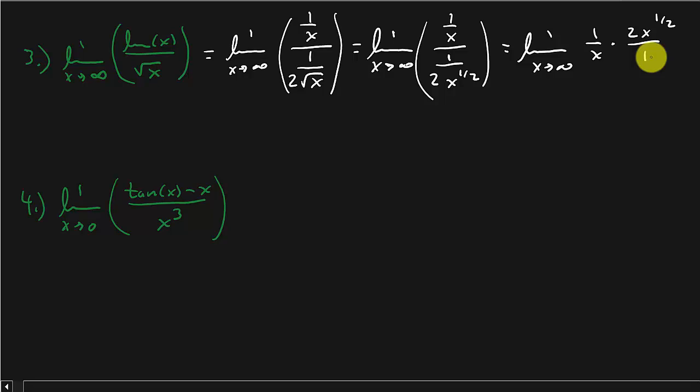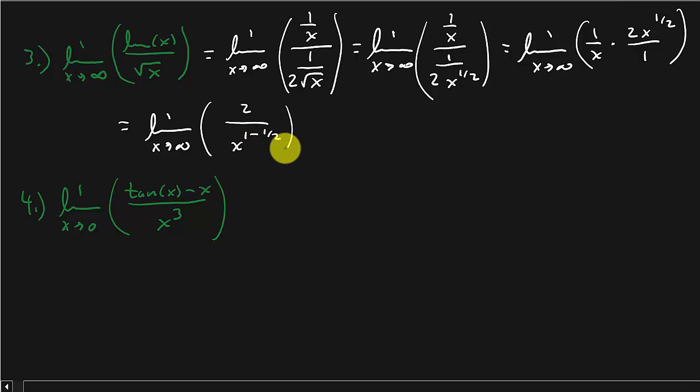And so now we can simplify this. That's going to be the limit as x goes to infinity of 2 over x to the 1 minus 1/2, right? This x to the 1/2 comes down, subtract the exponents.